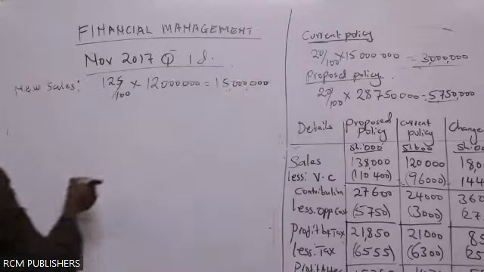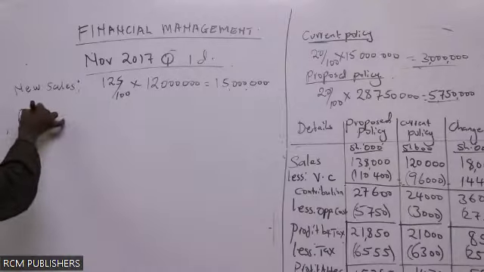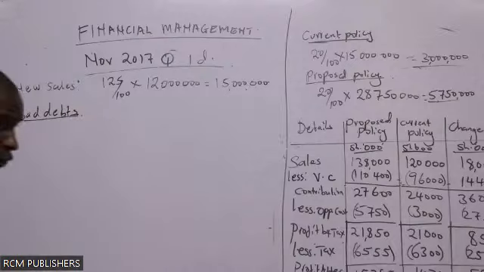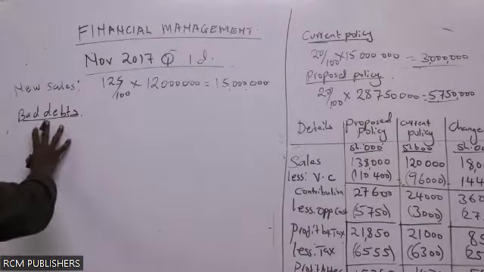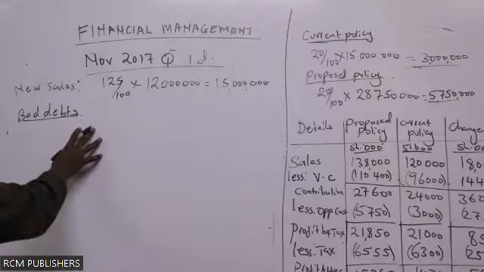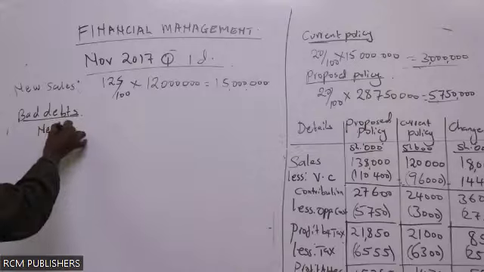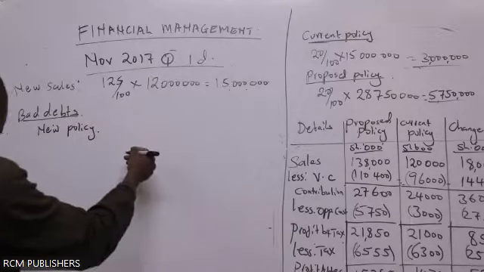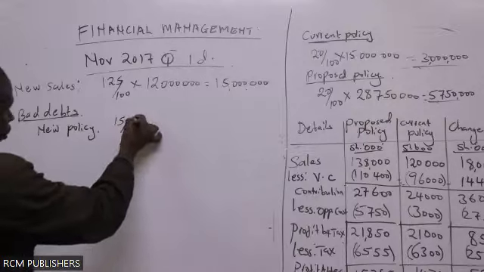Let's see. We were told of the bad debts. So the bad debts change from 10 to 15, right? 10 to 15. Therefore, if it was 10, under the new policy bad debt increased to 15% of sales.